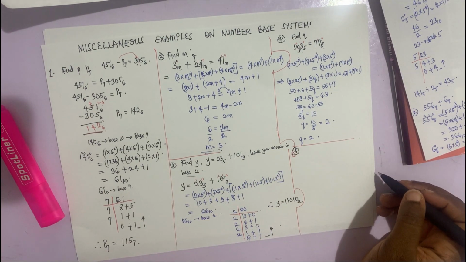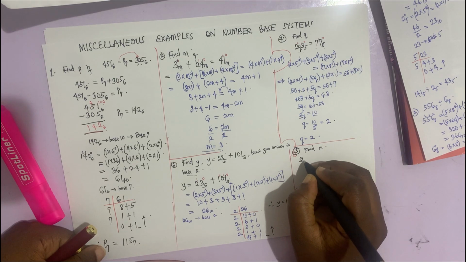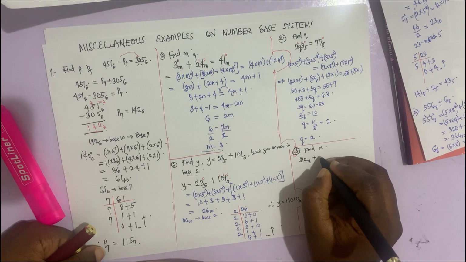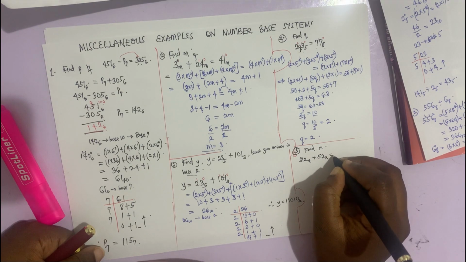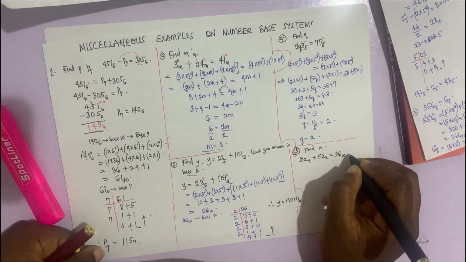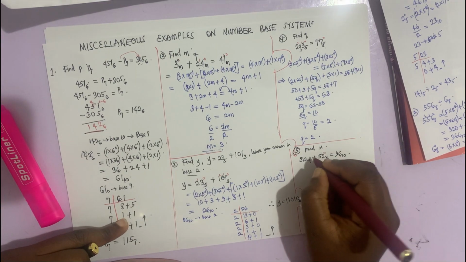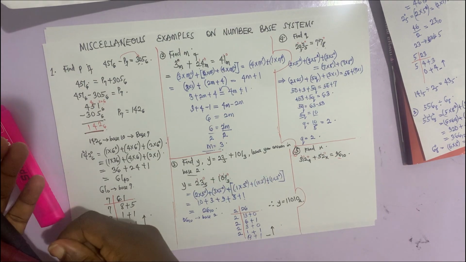Question 5. Find x given that 312 base 4 plus 52 base x is equal to 96 base 10. So once again we attempt to convert this to base 10, but since this one is already in base 10, we leave it as it is.